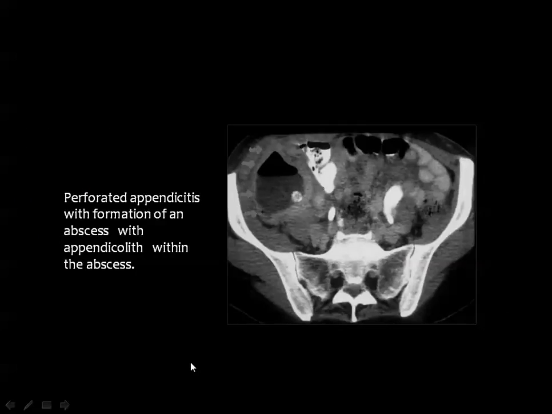Sometimes there is perforation of the appendix leading to the formation of an abscess in the appendicular area or in the right iliac fossa. In this abscess, you can see the appendicolith, which was the cause of obstruction of the appendix and later on perforation. Then you are sure that this abscess is of appendicular origin.